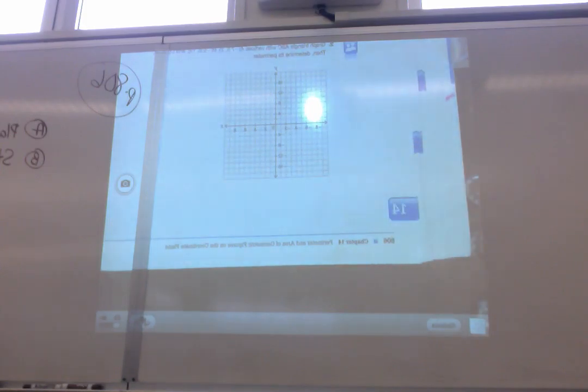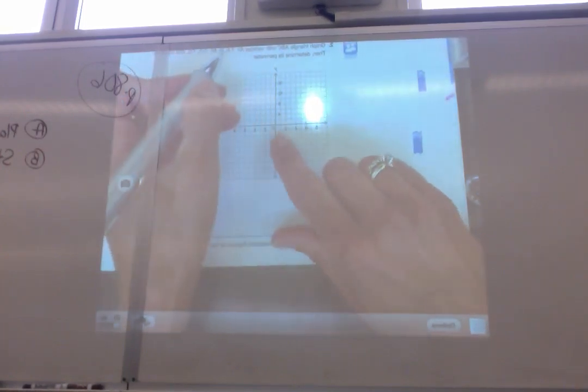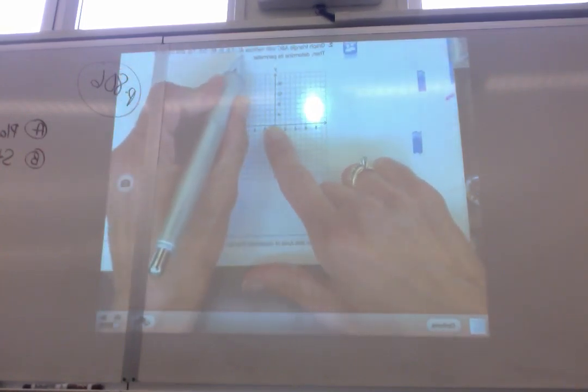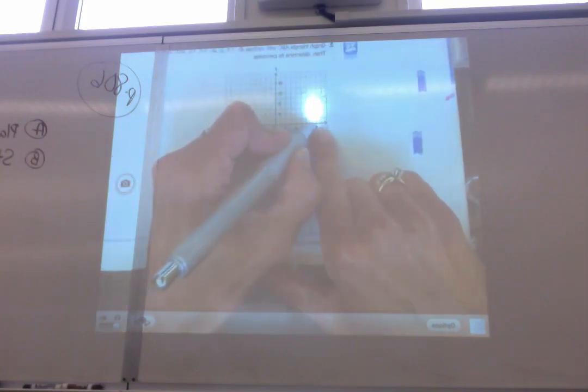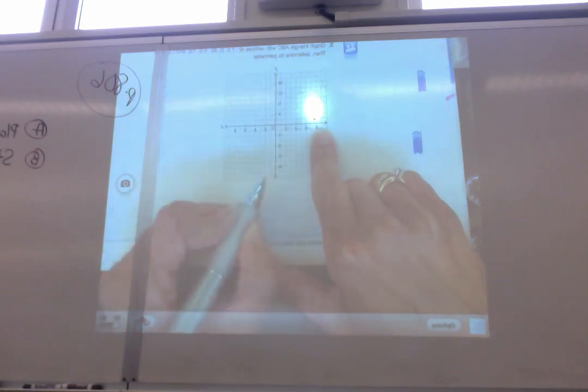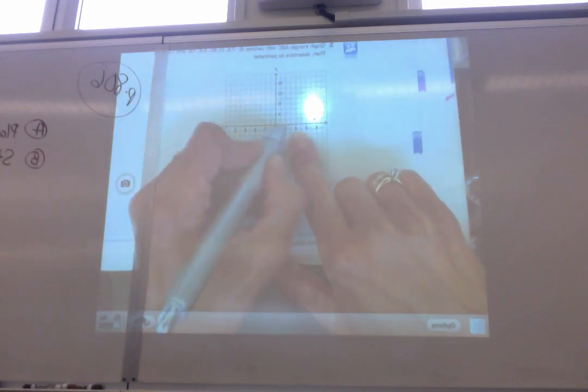Okay, number 2, graph triangle ABC with these vertices, then determine its perimeter. Go ahead, graph the triangle. Wonder if we're going to need distance formula. Let's see, A is negative 7.5. So here's 6, here's 7, here's 7.5, and positive 2 up. B is negative 5.5.